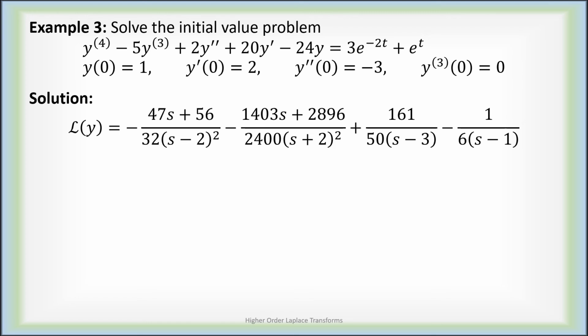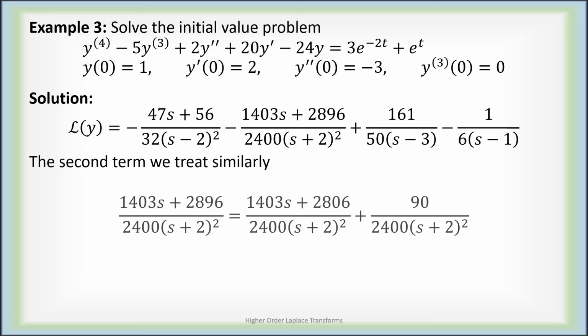Okay, we needed to deal with all 4 of these terms, and we've done the first one. So now we're going to move on to the second term, and we're going to employ basically the same trick. That numerator of 1403s plus 2896, noticing we'd like to cancel out an s plus 2, I say, okay, let's call it 1403s plus 2806, and what's left over is I need an extra 90.